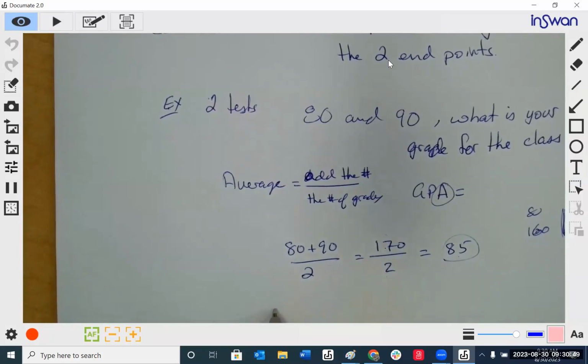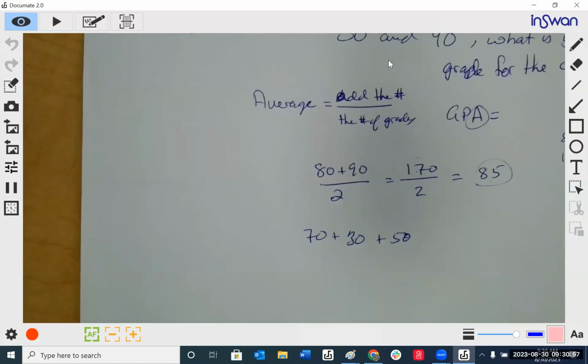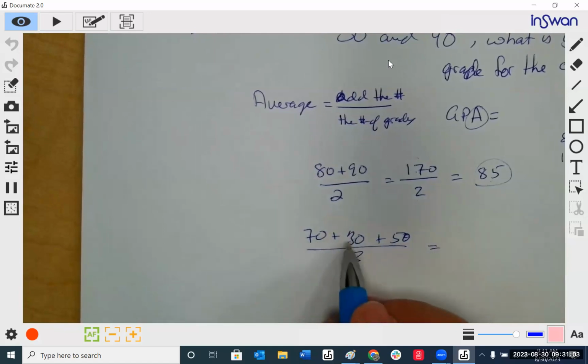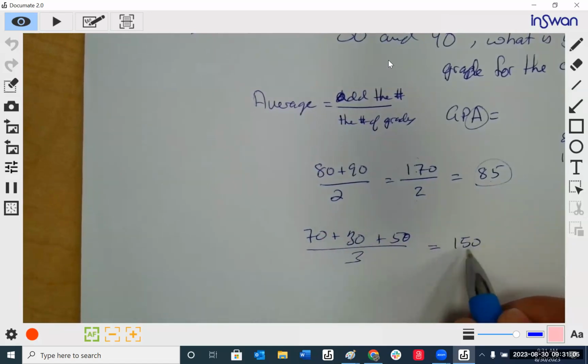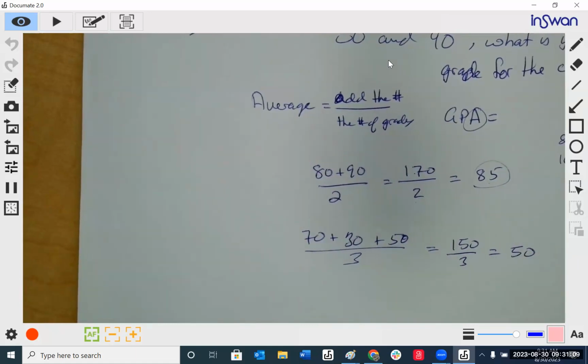What if I had 3 test grades? 70 plus 30 plus 50, right? Now you divide by 3 because you have 3 test grades. That's 150, and 3 goes into 15, 5 times, goes 0.